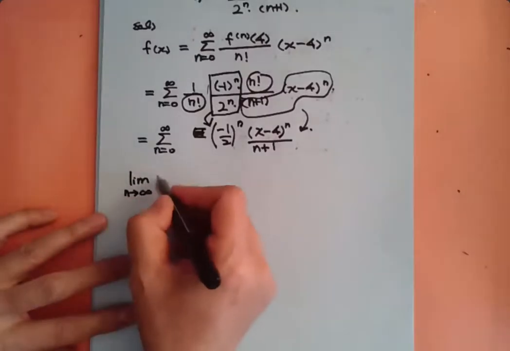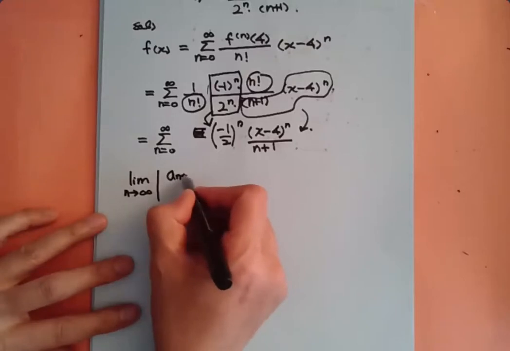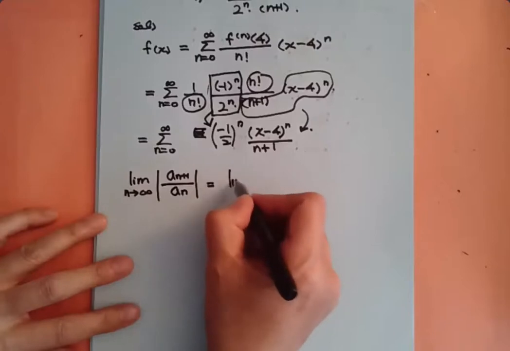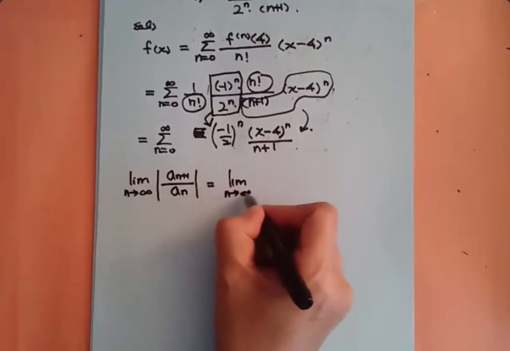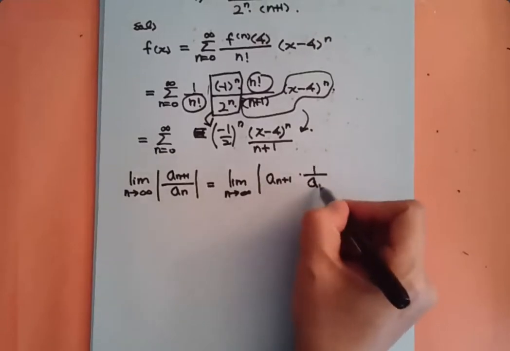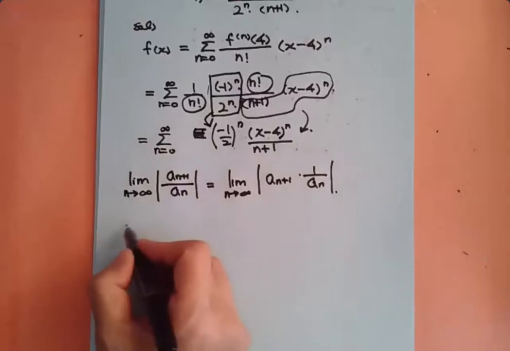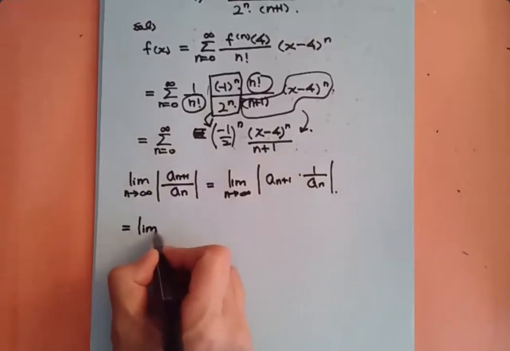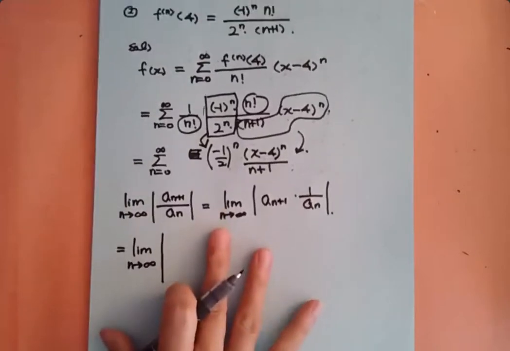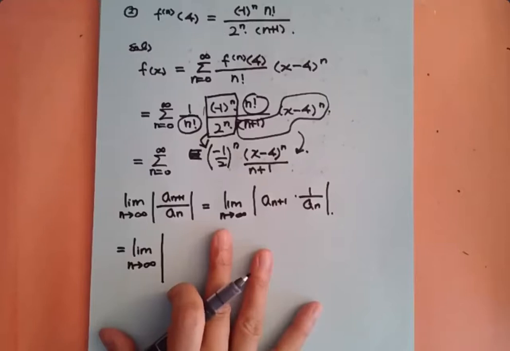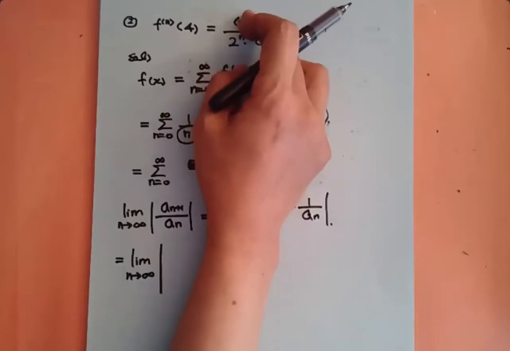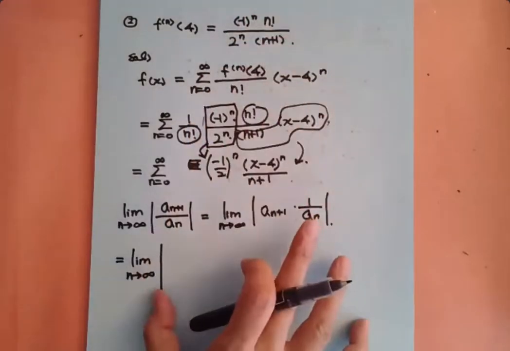So limit n goes to infinity, absolute value of a n plus 1 over a n equals limit n goes to infinity, absolute value of a n plus 1 times 1 over a n. We don't really have to care about the -1 to the n power part because we are thinking about the absolute value.